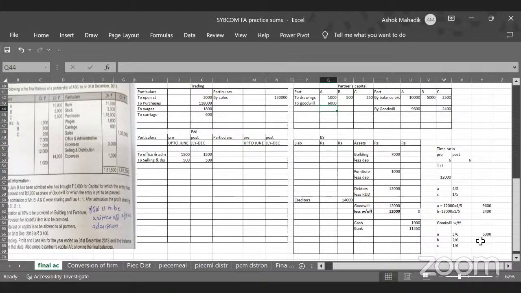Then we calculate for B. For B, again take 12,000 into B's share, 2/6. So 4,000. So obviously the remaining 2,000 will be for C. So record that, 4,000 in B column and 2,000 in this column. Is this clear? This entry will have at least 2-3 marks.